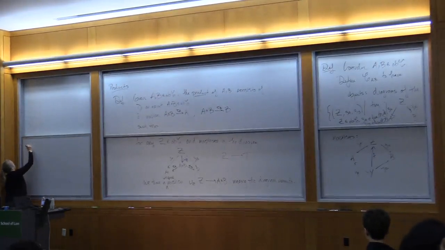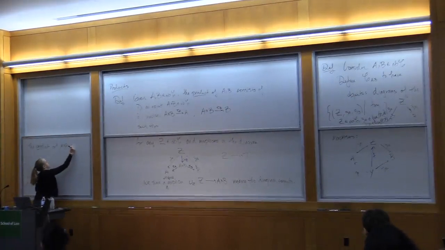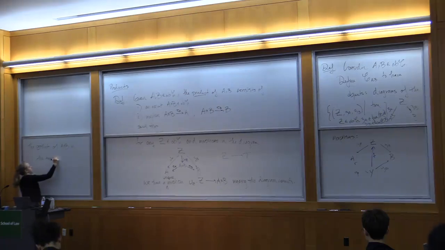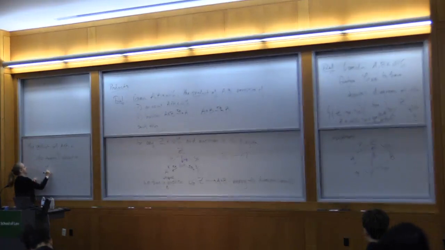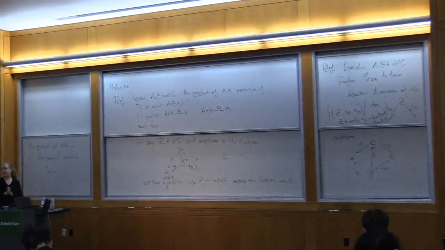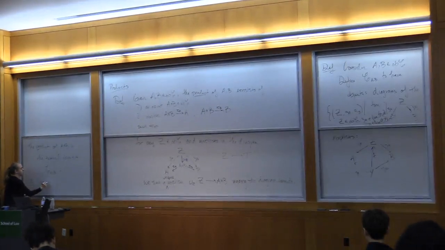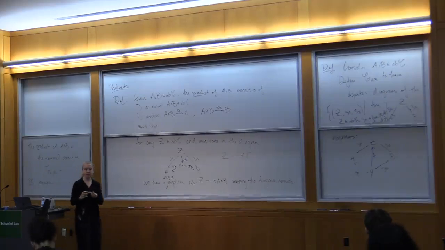So, the product of A times B is the terminal object in this category that we just defined. So again, I'll leave the details to you, but maybe we just talk through the most important ones.